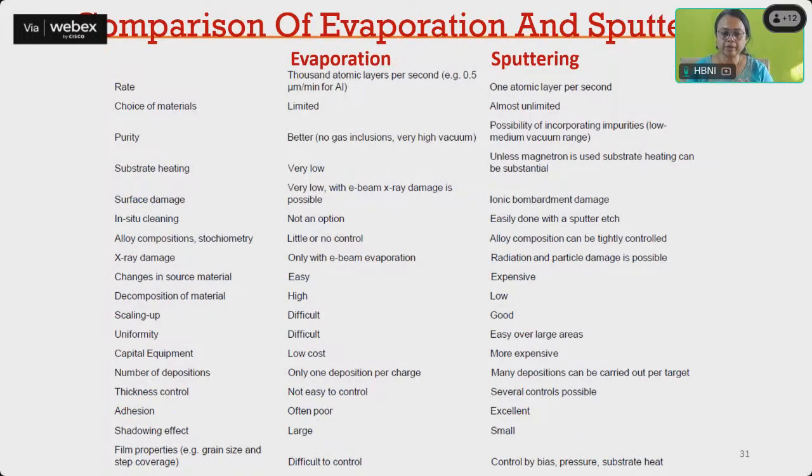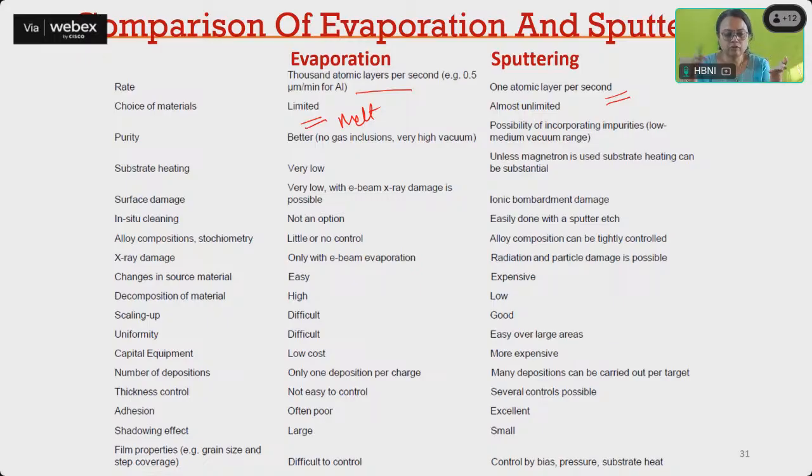Now if we compare evaporation and sputtering, we see that the rate of evaporation is very fast, thousands of atomic layers per second as compared to about one atomic layer per second, so sputtering is a very slow process. The choice of material for evaporation is limited because it has to melt, whereas for sputtering it is almost unlimited, we have more choice.